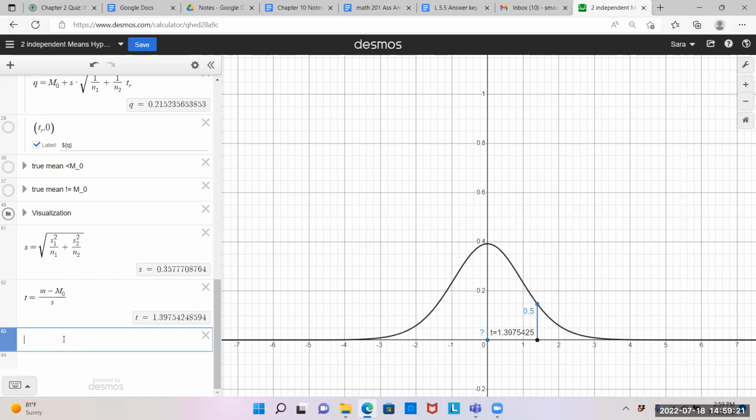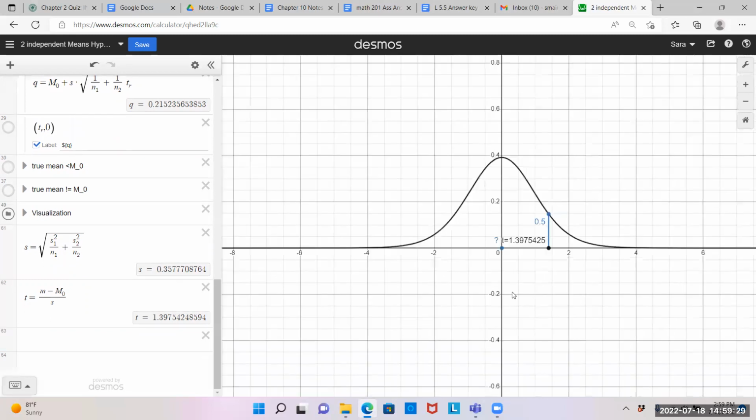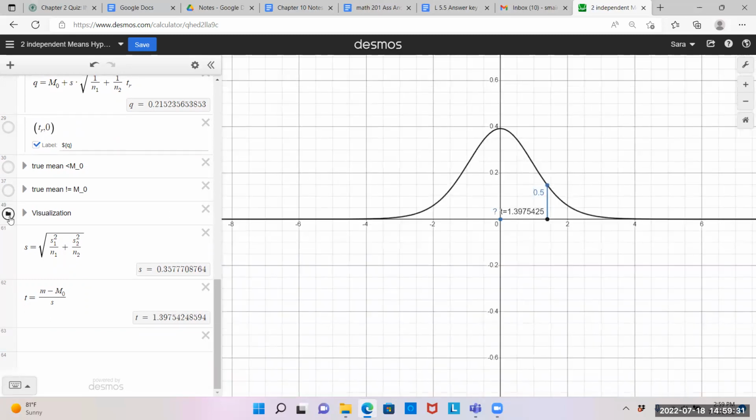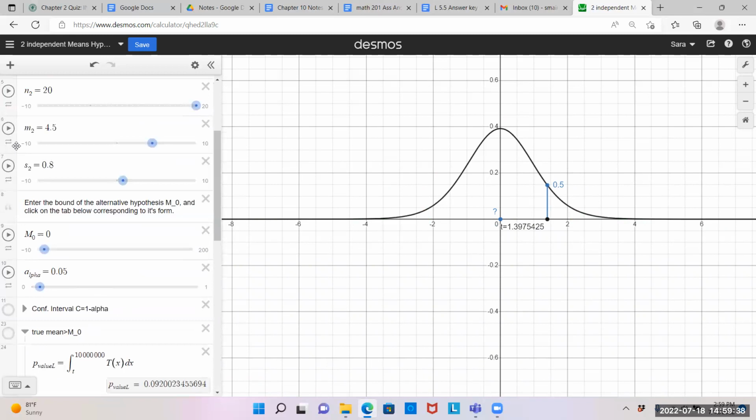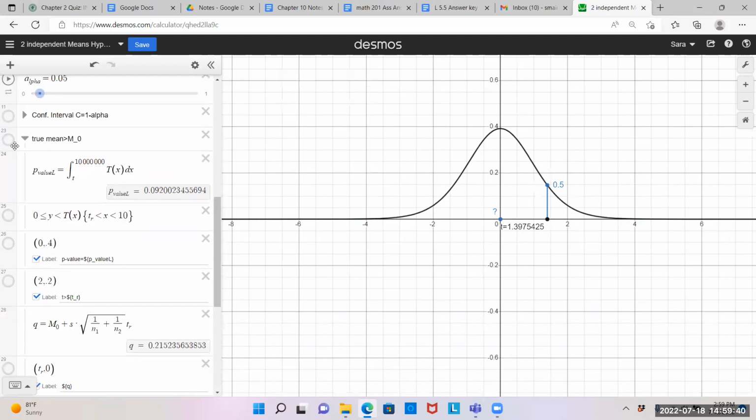The difference between the two means, that z-score or t-score is 1.39, about 1.4 standard deviations above the mean. And right here's our graph for that. I'm gonna go over here and grid this one. There it is.